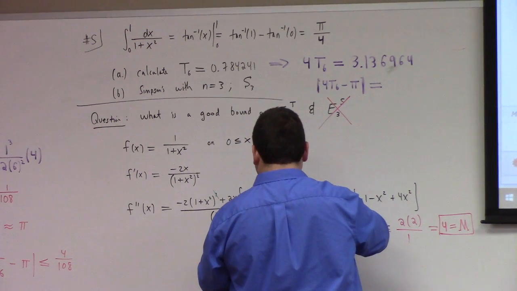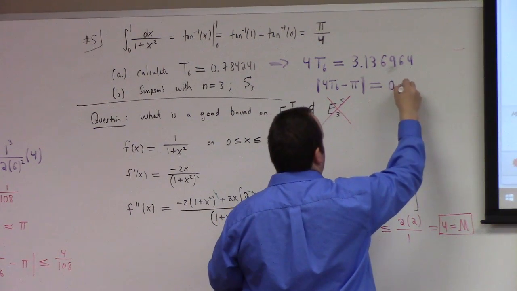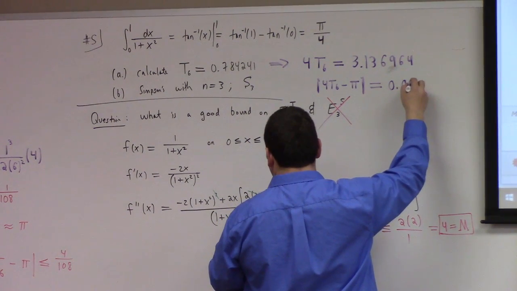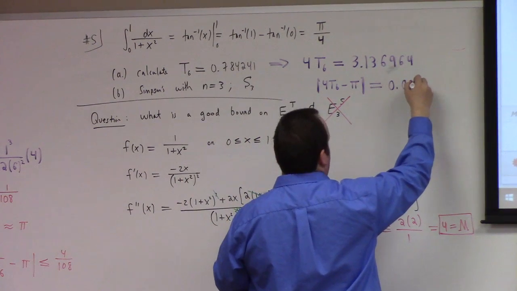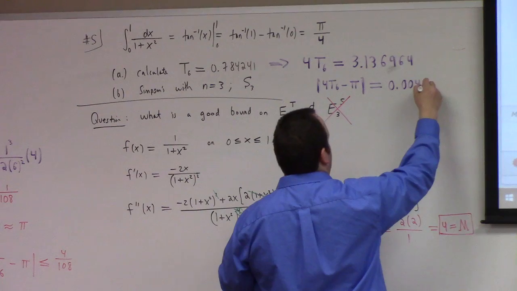Oh, stupid scientific notation. Let me think for a second here. 0.0046, well, basically 46. I'll stop there.